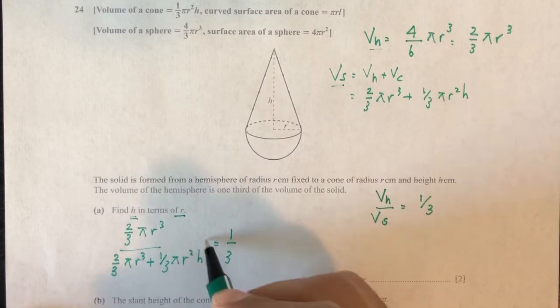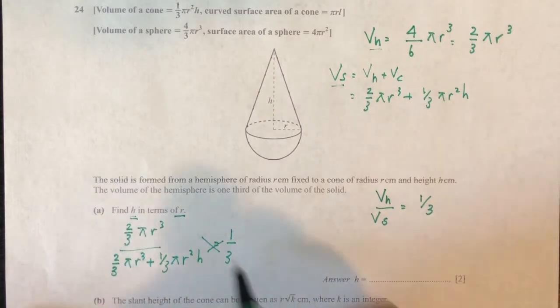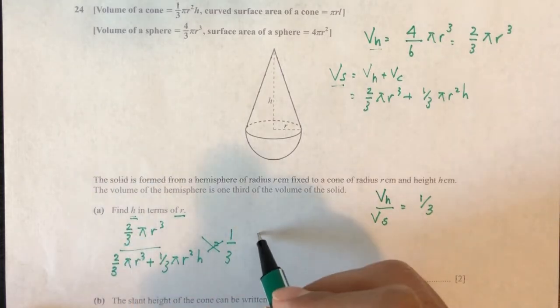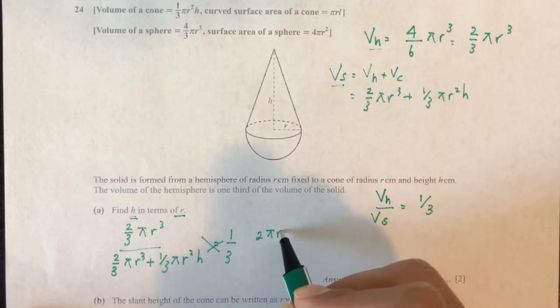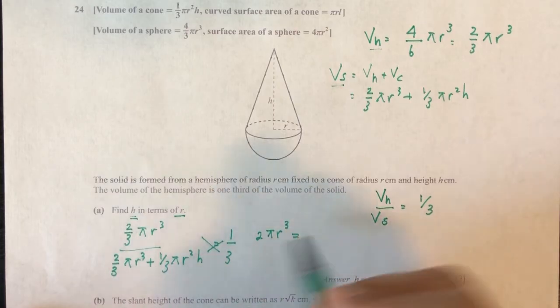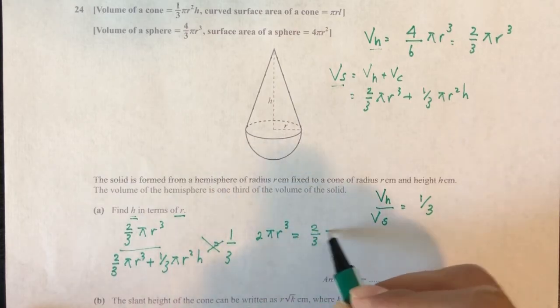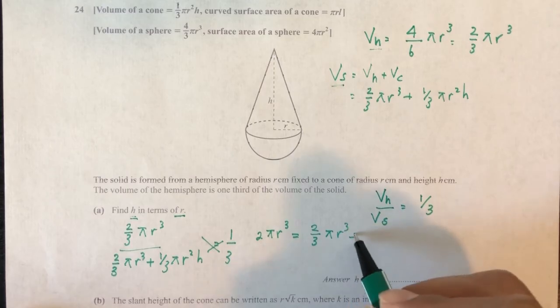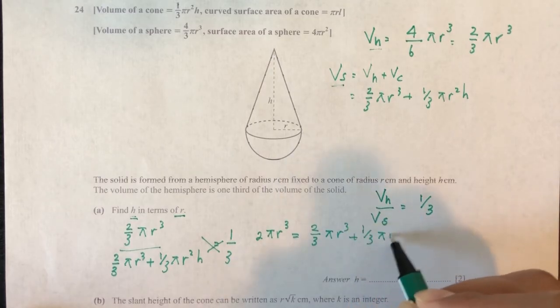So cross multiply, we have this will become 2 pi r cubed equal to 2 over 3 pi r cubed plus 1 over 3 pi r square h.